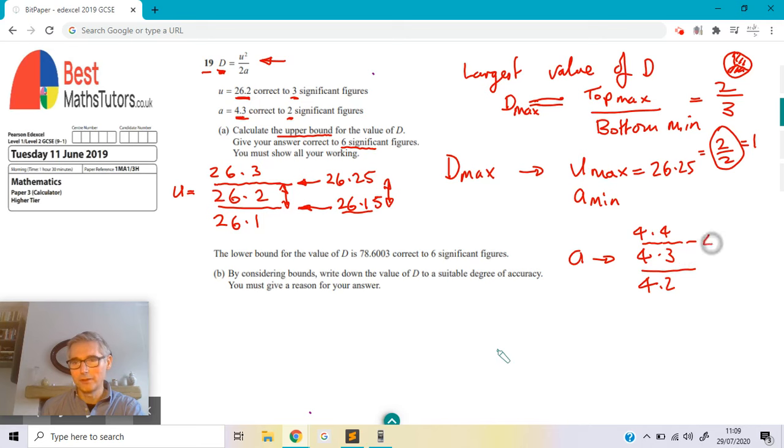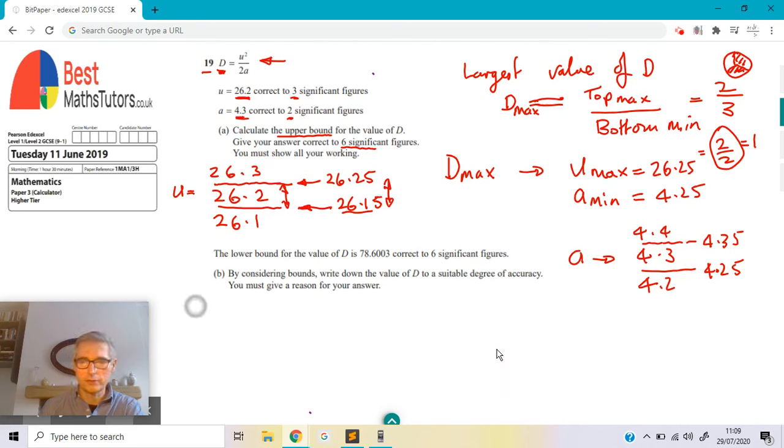So that would be 4.35 would be the upper value that A could take, and 4.25 would be the lower value that A could take. So what we're going to take then is the lower value that A could have, which would be 4.25. So these are our two values then.